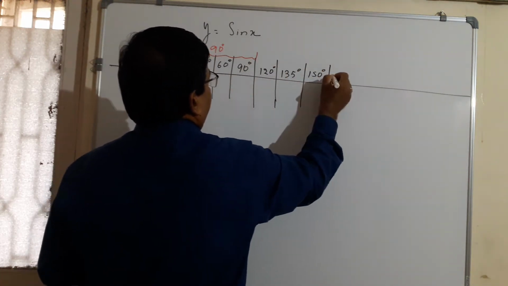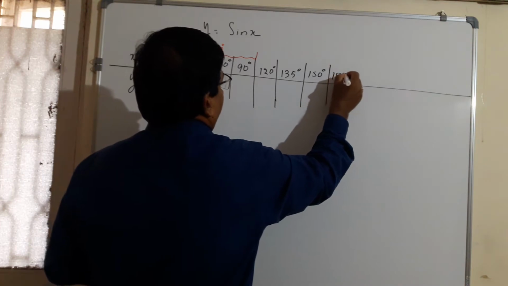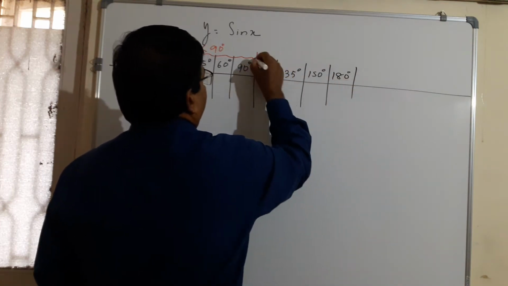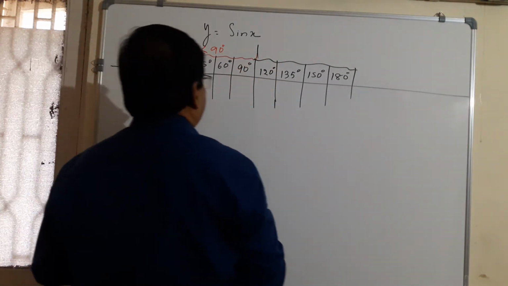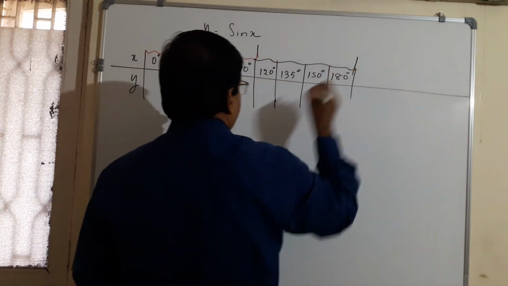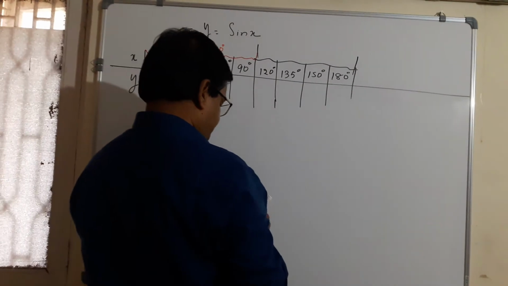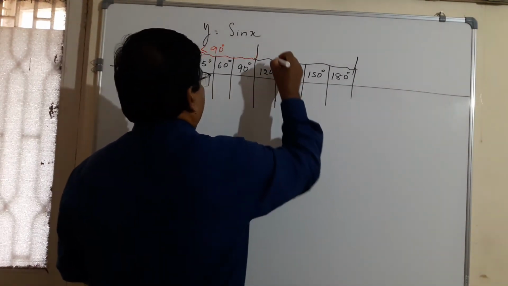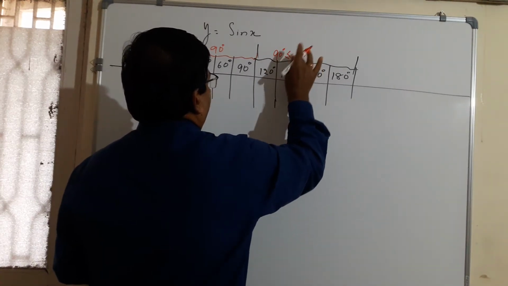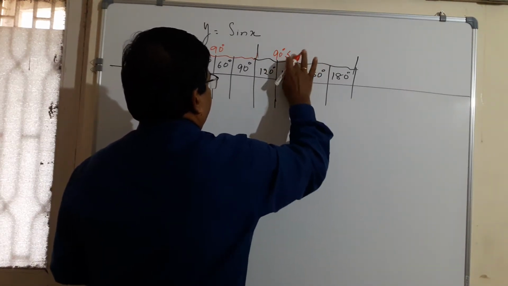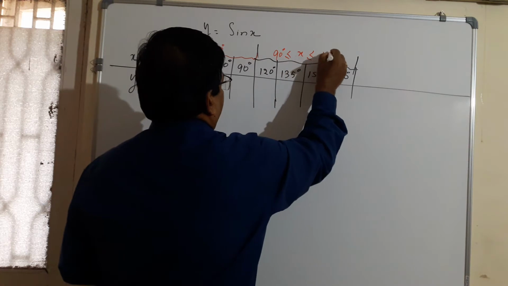Then 90 plus 90, 180 degree. This is your second quadrant. Second quadrant means 90 to 180 degree. Here x, 180 degree.